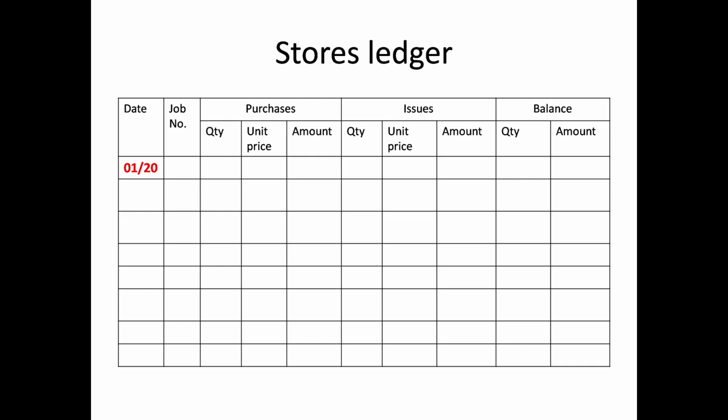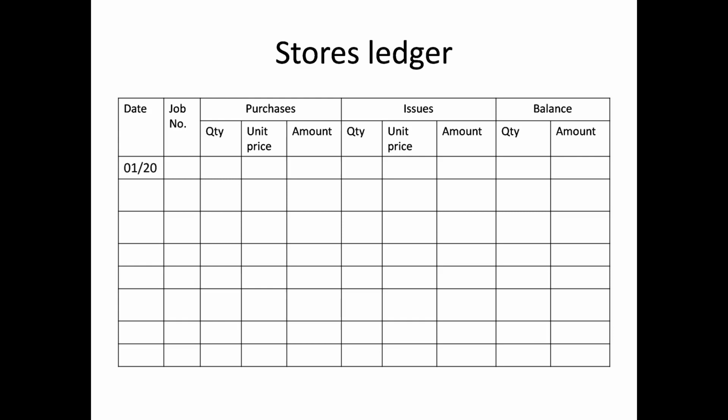Now you are ready with your stores ledger. Check whether you have entered the month and the year under the date column. That's January 2020. Okay, first transaction. You have to go according to the order of the dates given. January 1st, receipts. So, under purchases part, all receipts, and all issues under issues part.